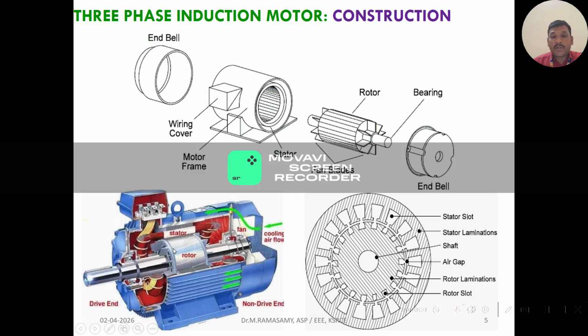The copper bars are placed in the slots of the rotor, and the copper bars are short circuited by providing two end rings. These two are the end rings, used for short circuiting the rotor conductors in order to develop the torque within the rotor.